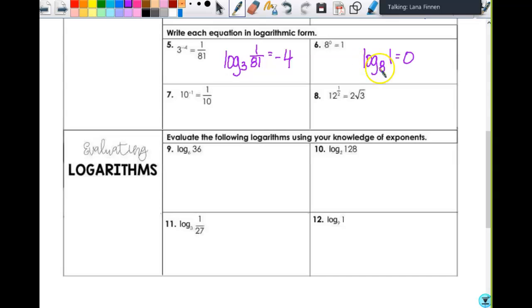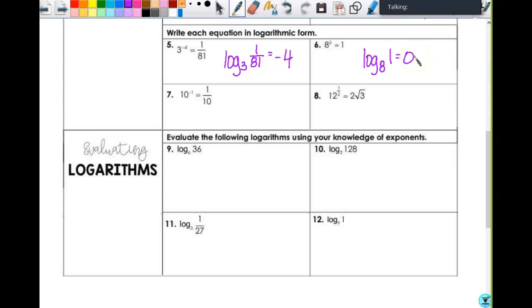Because log base 5 of 1 would mean 5 to what power gives me 1, which is going to be 0. So this base right here, this 8, could be any number other than 0, and I would still get a 1 out of it, right?